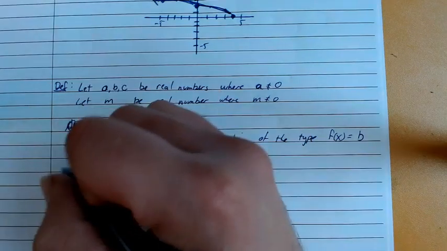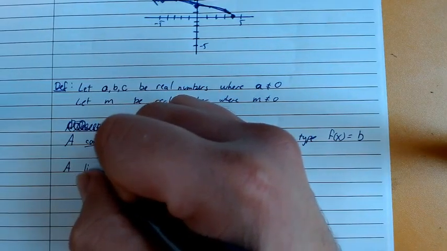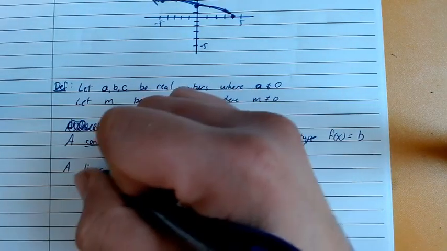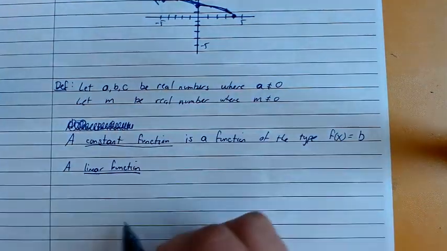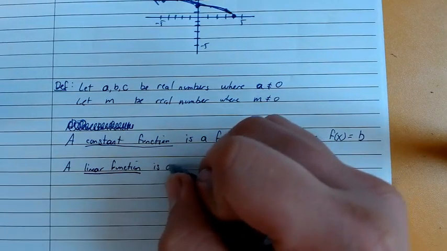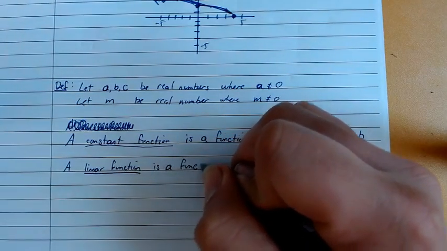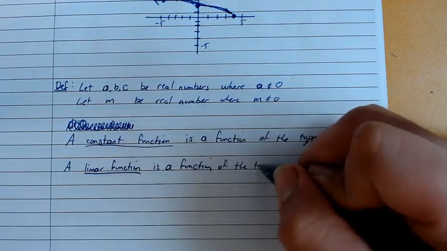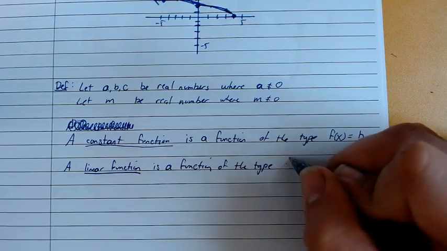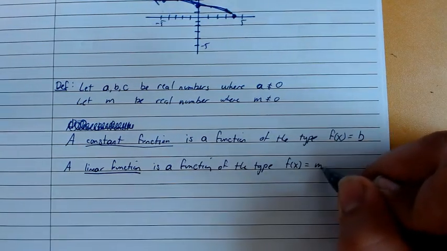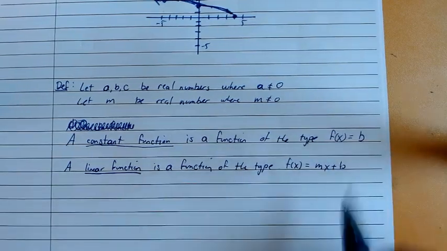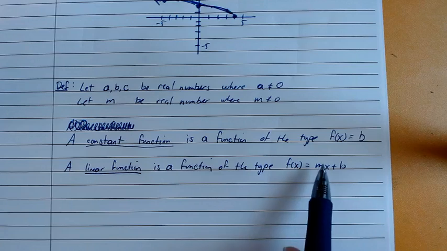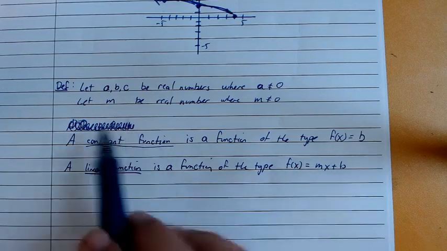A linear function, and we've seen lines before, a linear function is a function of the type f of x equals mx plus b, where, again, m is a real number that's not 0, so this can be any number except 0, and b is just some real number.